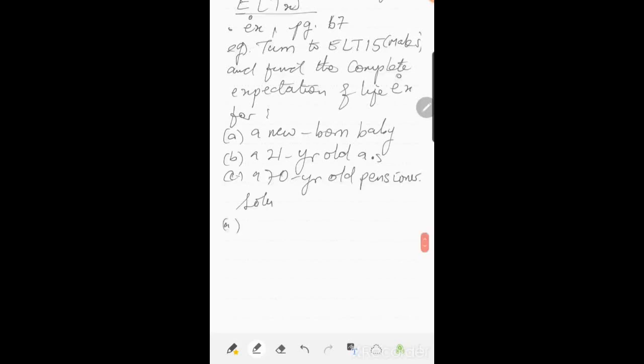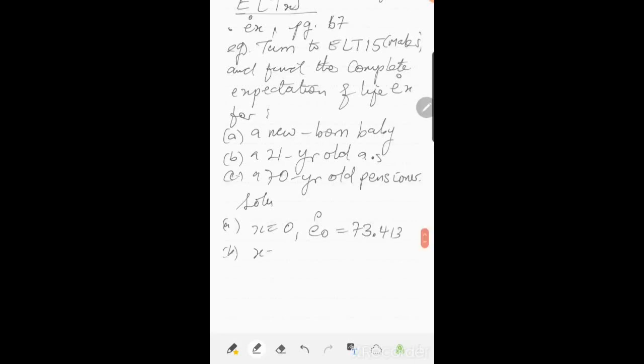For the first one, you go to the tables and turn to ELT15. From there is a column where you can see e naught x. For a newborn baby, x is equal to 0. Then from the tables, x equal to 0 corresponds to e naught 0, which is equal to 73.413.